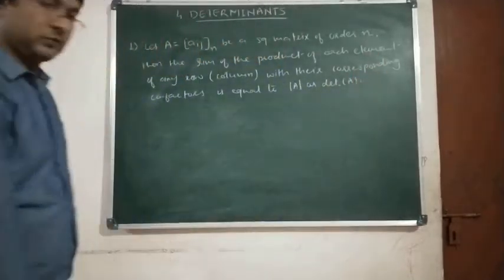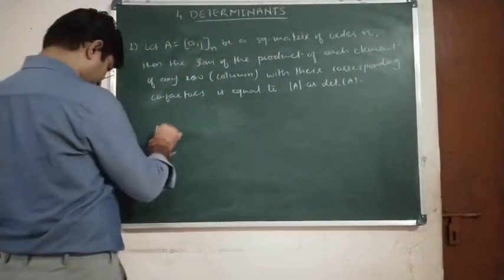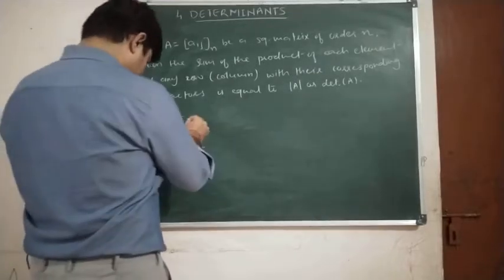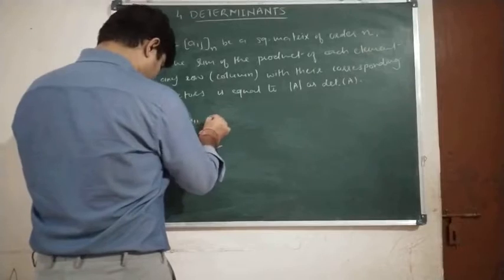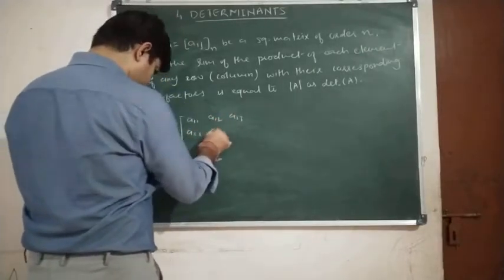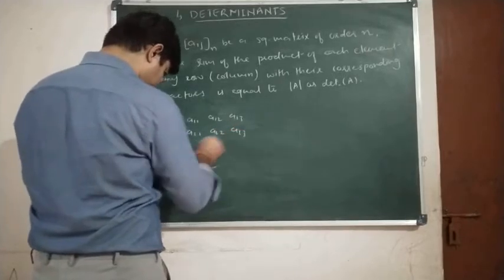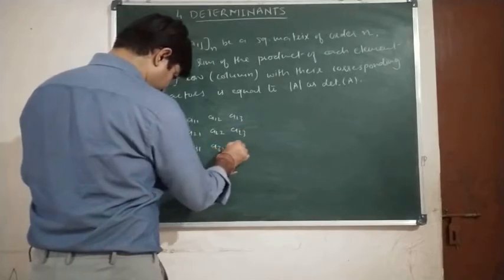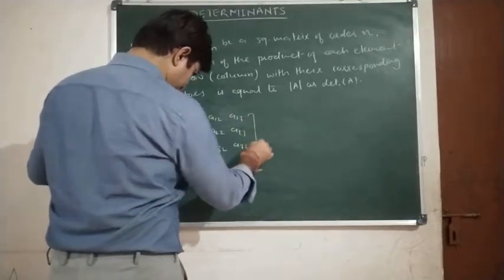Yes or no? For example, if we have a matrix of order 3: A11, A12, A13, A21, A22, A23, A31, A32 and A33.